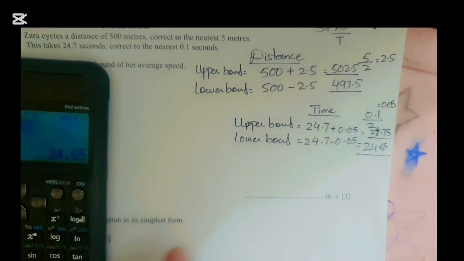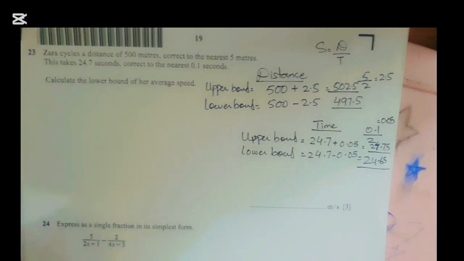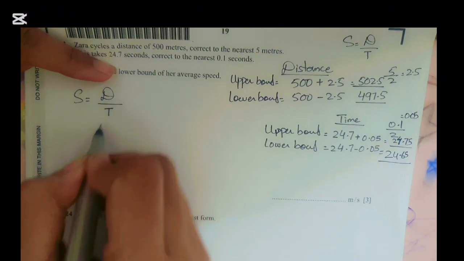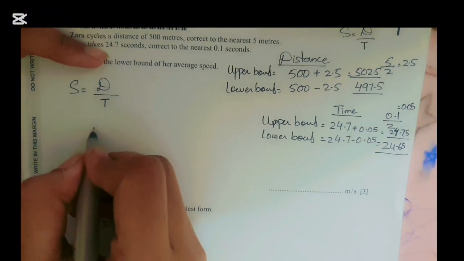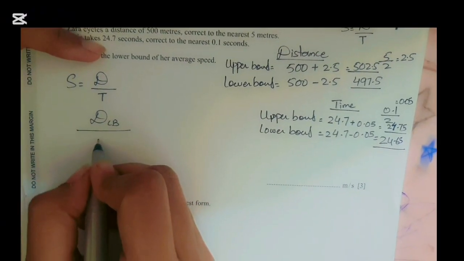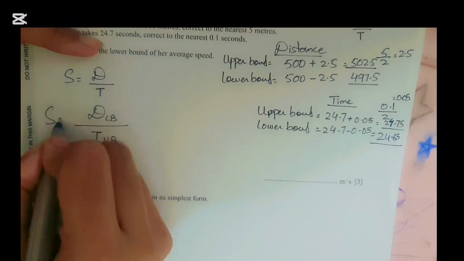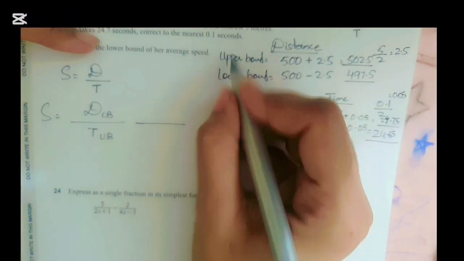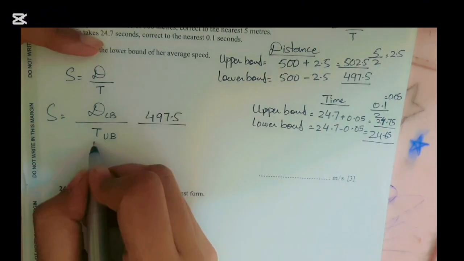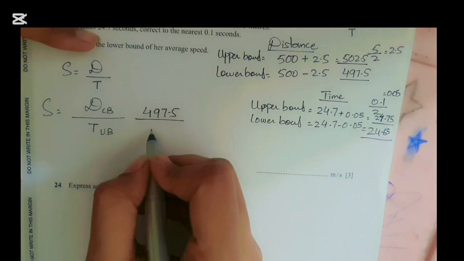Okay, so for average speed we use speed equals distance upon time, and to get the lower bound we have to take the lower bound of distance and the upper bound of time. So the lower bound of distance is 497.5 and the upper bound of time is 24.75.